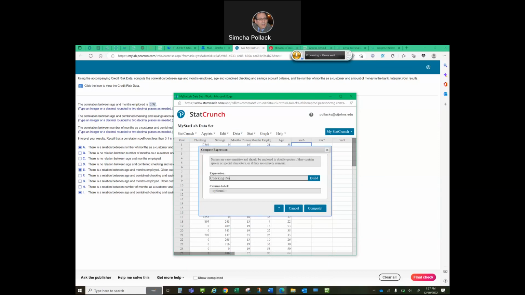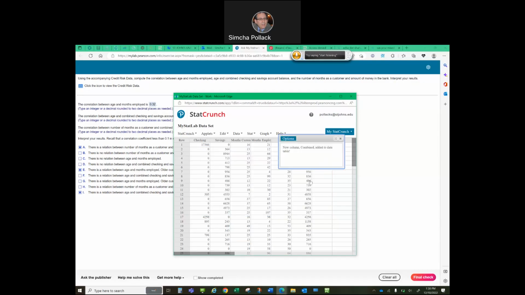We've seen this before in other examples. And we'll call this combined. Compute, and it's done. Now this plus this is that, 0 plus 364 is that, so it seems to work.